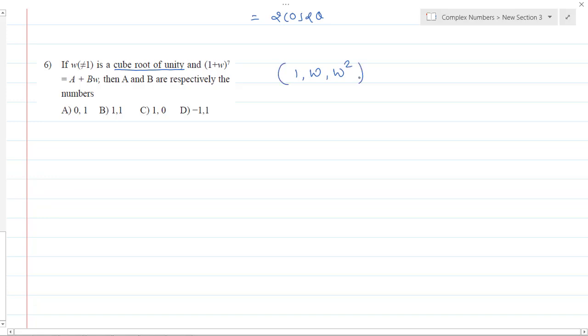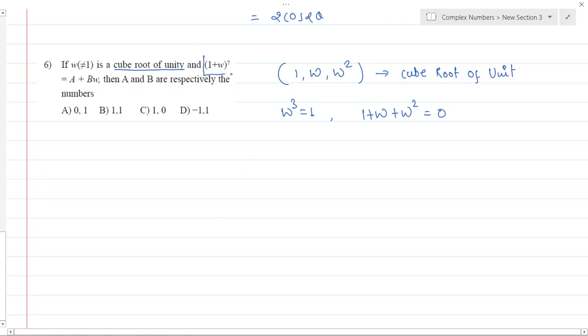Always remember these. And what relations do you have for the cube root of unity? One is omega cube equals 1, and another is 1 plus omega plus omega square equals 0.